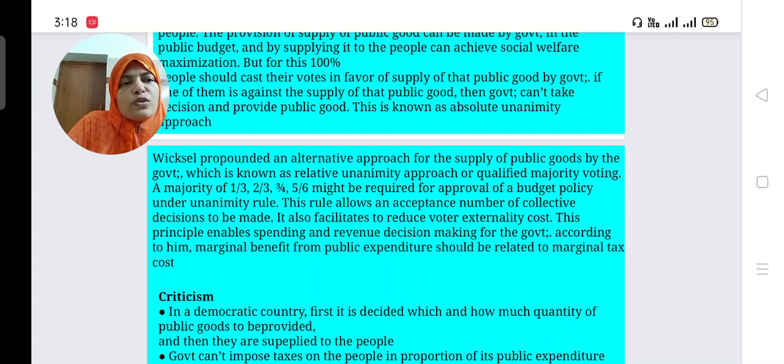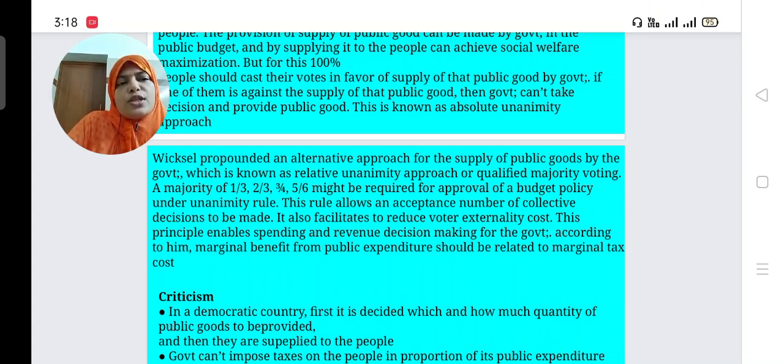This rule allows an acceptable number of collective decisions to be made. It also helps reduce voter externality cost. This principle enables spending and revenue decision making for the government. According to him, marginal benefit from public expenditure should be related to marginal tax cost.